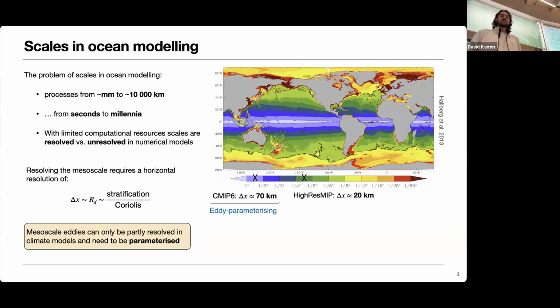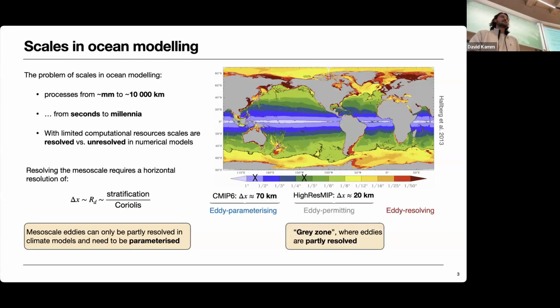They are not explicitly resolved. On the other side, you have the regime where they are explicitly resolved. And then we are slowly moving into this gray zone in the middle, which is the eddy permitting regime, where eddies are partially resolved, but not everywhere. And this is what we're going to focus on today: how can we parameterize eddies in this regime.